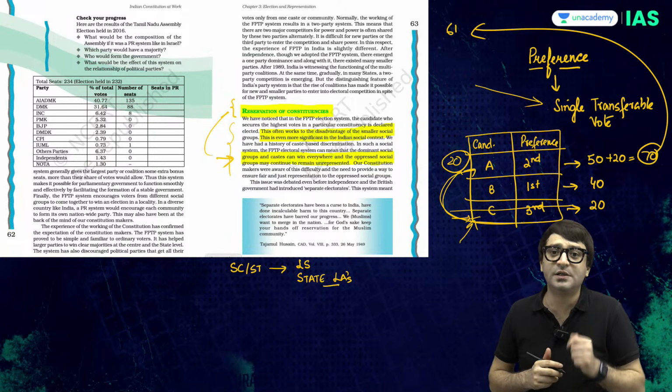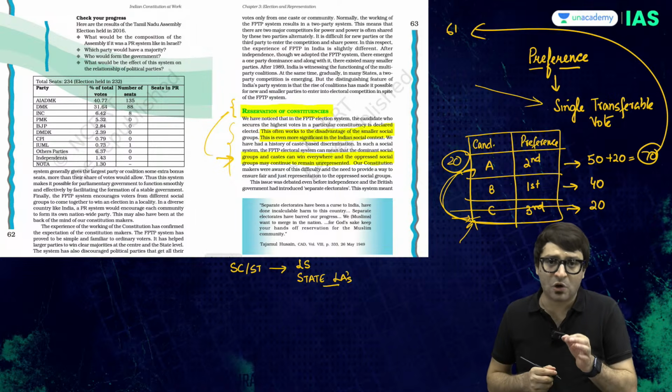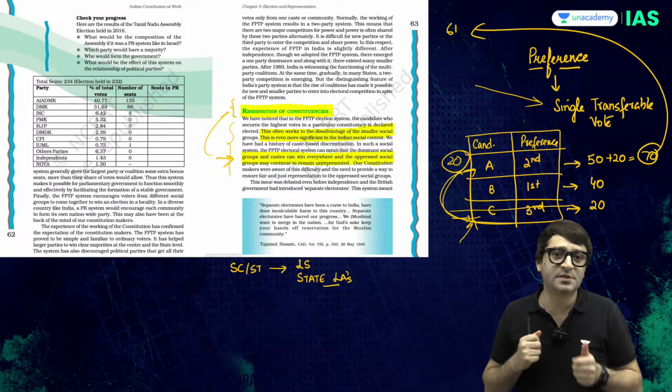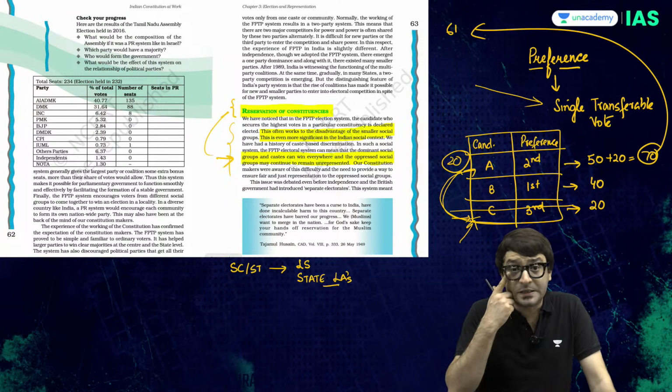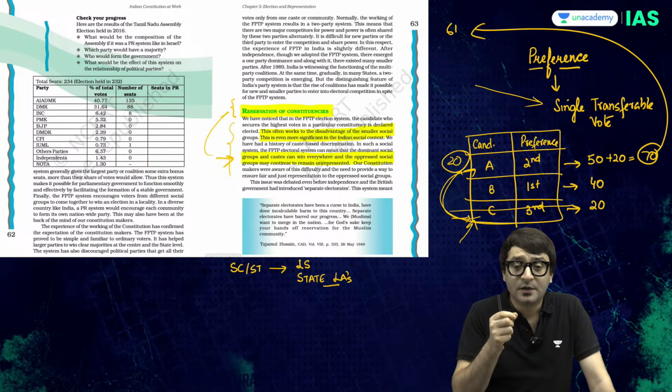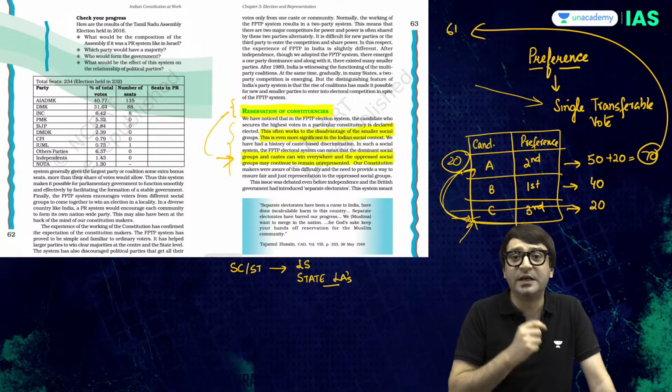The year was 1909, when the Morley-Minto reforms were implemented in India. They called it reforms, the British. But it introduced a concept called separate electorates, communal electorates.